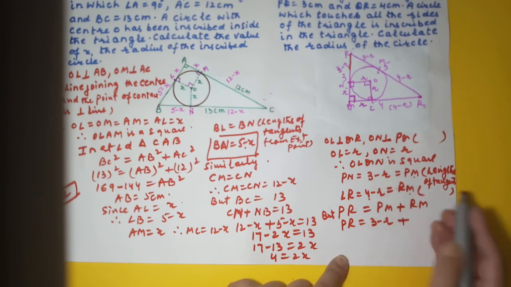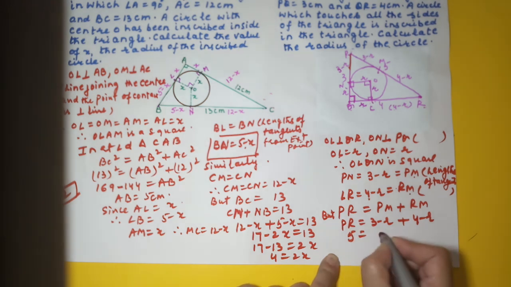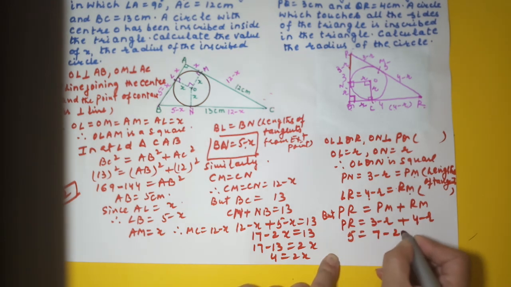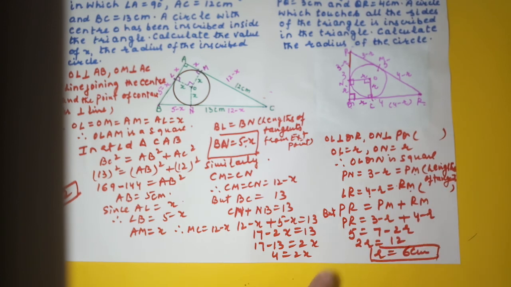You have calculated that as 4 minus R. Right? And the length of PR is 5, is equal to 3 plus 4 is 7 minus 2R. Shift this 2R to this side and this 5 to this side, you will get 2r is equal to 12. So your r is equal to 6 centimeters. So you have found the radius of this circle as 6 centimeters.